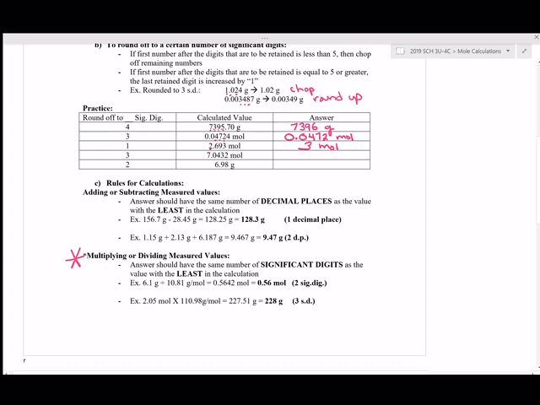It's all about how many decimal places there are, which means how many numbers appear after the decimal. So the one thing that is common about adding, subtracting, multiplying, and dividing is your final answer is always concerned with the least number of either decimal places or significant digits that was in your data, because remember, your answer can't magically get more accurate.